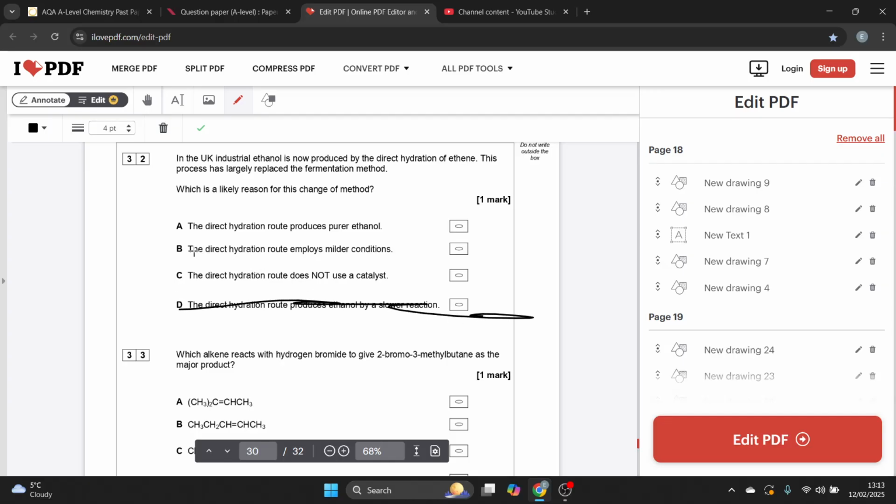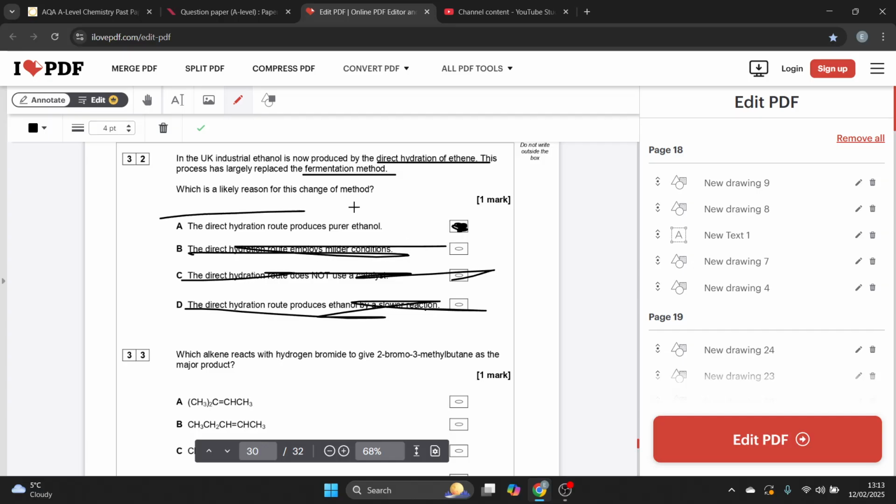Definitely not the last ones. It's the most obvious logical one, even if you didn't know chemistry. Does not use a catalyst? No, no, no. The direct hydration route produces pure ethanol.